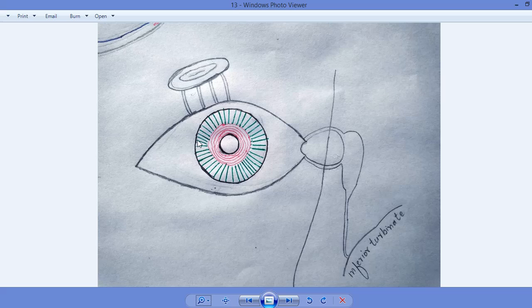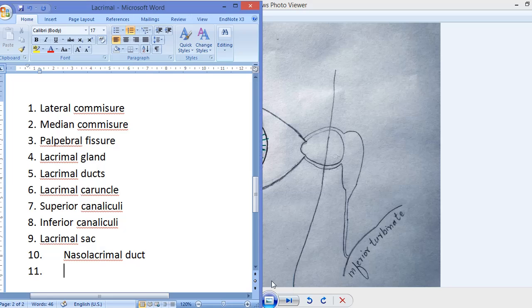The tears are no longer able to cross the canaliculi toward this lacrimal sac, and are also unable to go to the inferior turbinate. So this condition, when the blockade of the nasolacrimal duct happens, is called dacryocystitis. Dacryocystitis.